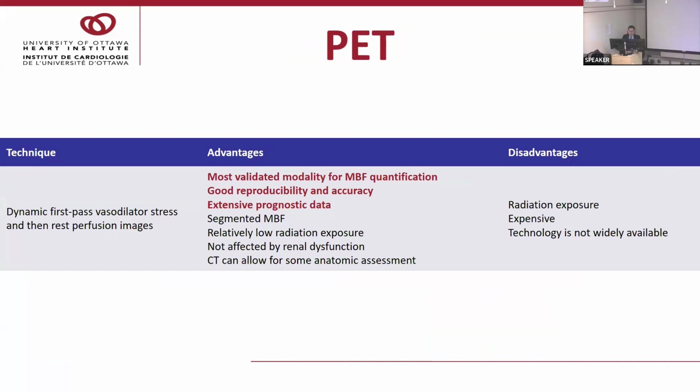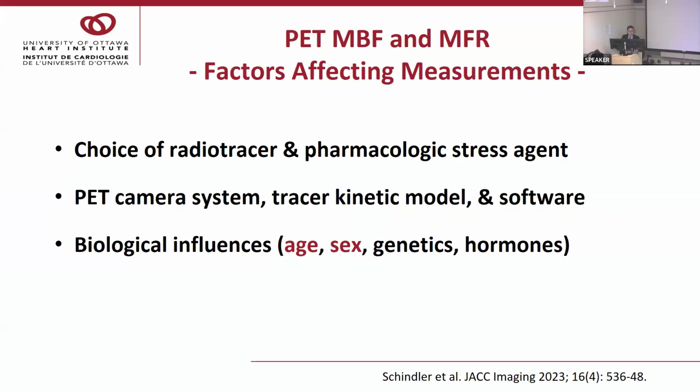Okay, let's move on to PET. PET is currently the gold standard for non-invasive assessment. PET has good reproducibility and accuracy with extensive prognostic data. However, there are a couple of things to keep in mind. First, it's important to remember that several factors can affect the quantification of coronary blood flow.